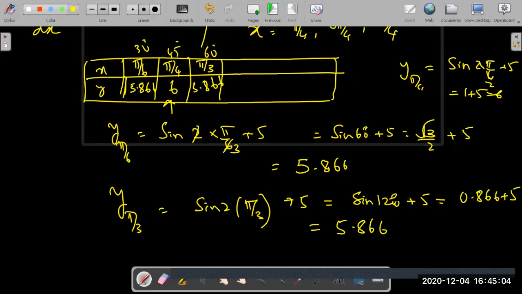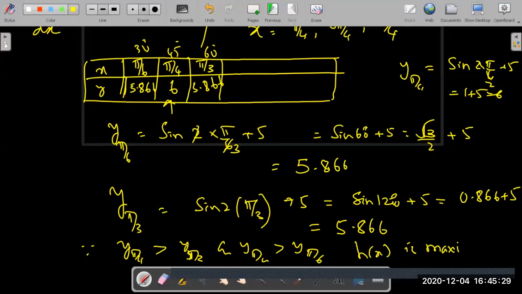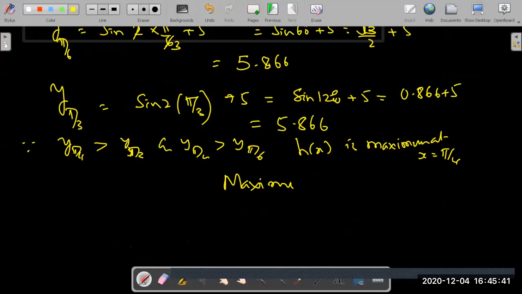Since y of pi by 4 is greater than y of pi by 3, and greater than y of pi by 6, h of x is maximum at x equal to pi by 4, and that maximum value is 6. So that's how this question is done.